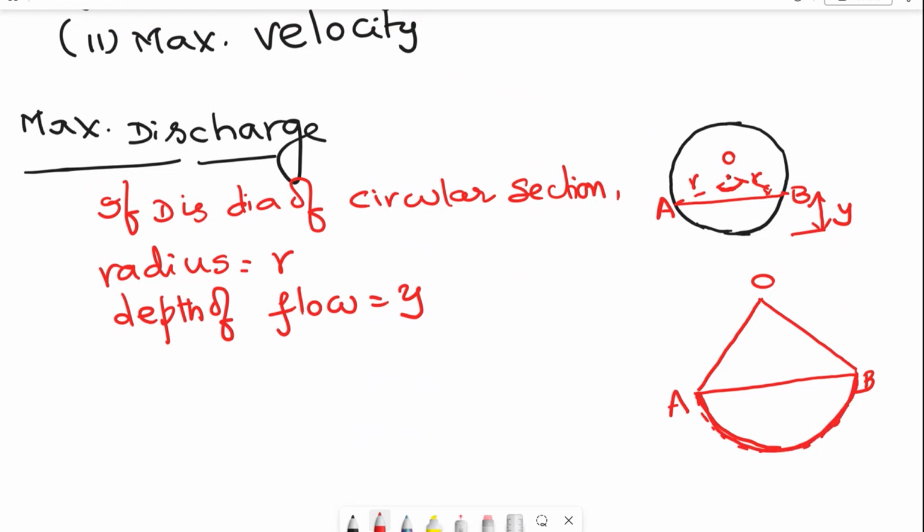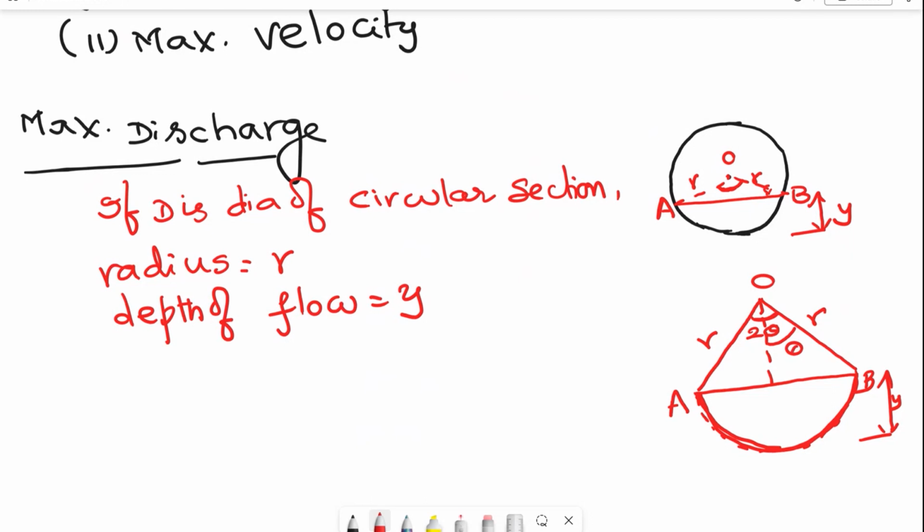This is how you should do. So this angle is 2 theta. This is R, this is R, this is equal to Y. So if I separate it, naturally this angle is theta, this side is also theta.